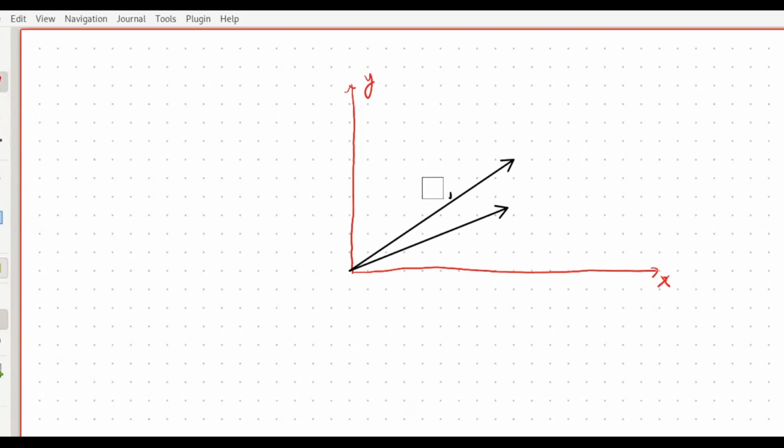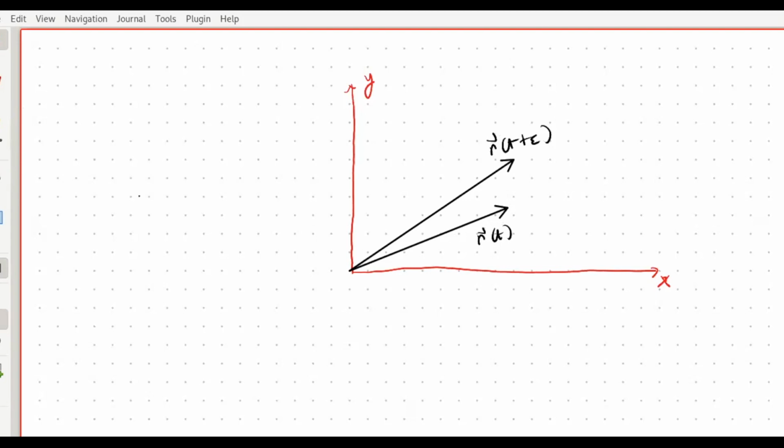Instead of R of T, let's write it down as R, and call this R of T.